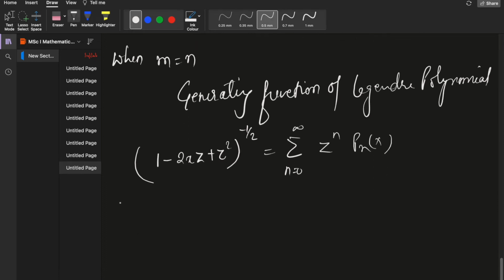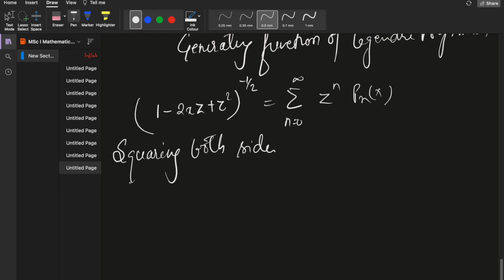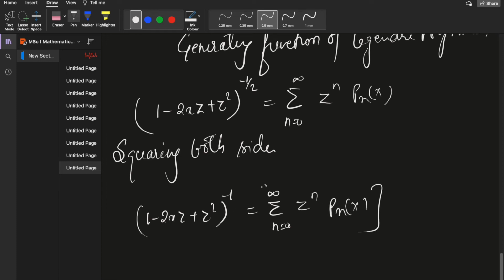All right, squaring both sides. Squaring both sides will give me what? (1 minus 2xz plus z square) to the power minus 1 is equal to the summation n tends to 0 to infinity, z to the power n Pn(x), the whole to the power 2.